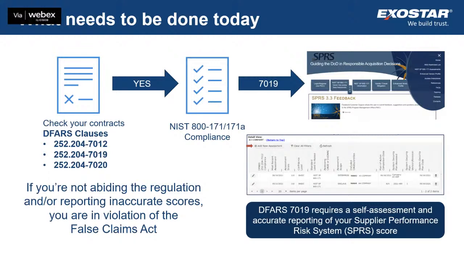If you've got those 7019 clauses, you're required to do that self-assessment and generate the DoD Assessment Methodology score. That's the DAM score that I referenced in the title of today's presentation. You take that score and you enter it into the SPRS system. That's one of those values that contracting officers can use to assess the risk of those that are bidding on federal contracts.